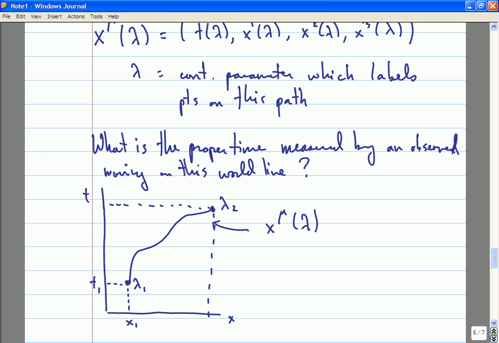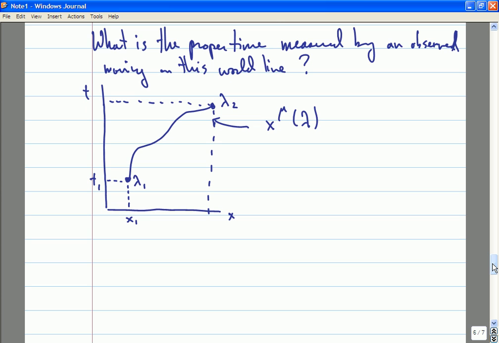Now, of course, that proper time is given by the square root of minus delta s squared, where delta s squared is the interval along that world line.